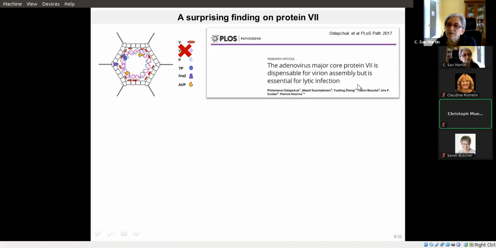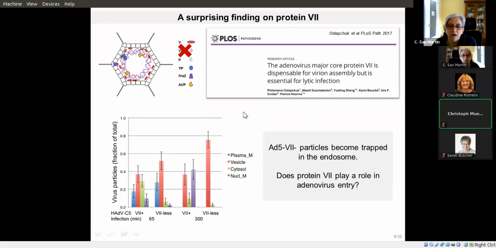However, what they observed is that these 7- particles are not infectious. And they also observed that the 7- particles in the cell stay stuck at the endosome. So it seems that core protein 7 would be playing a role during the virus entry.